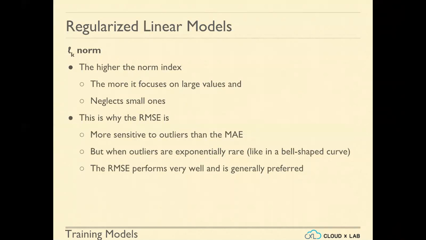Now, as we increase K, meaning we increase the norm index, it will start focusing more and more on larger values than the smaller values. So it will keep on neglecting the smaller values, because 1 cubed is actually 1, while 2 cubed is 8, and 3 cubed is 27.